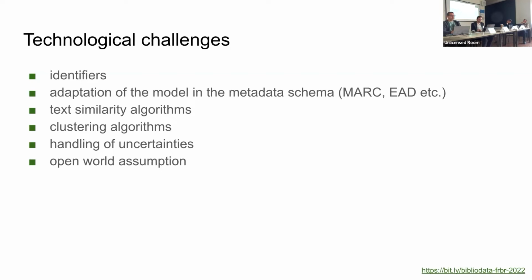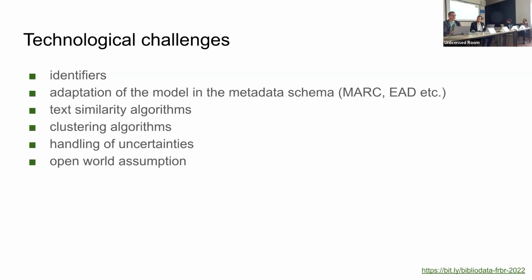We should use, as Nico mentioned, text similarity algorithms, clustering algorithms. Very important that we should handle the uncertainties. So, as we see in the Pandosto, this reading is not certainty, and we should handle this kind of information.